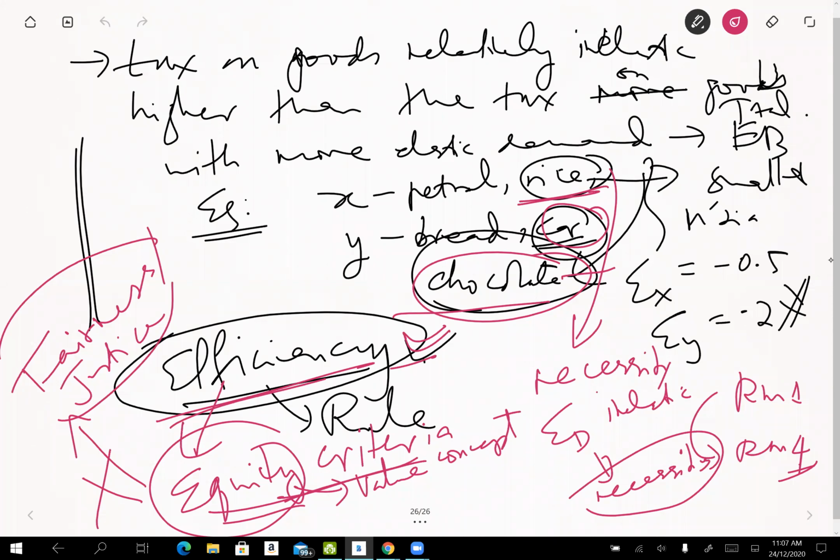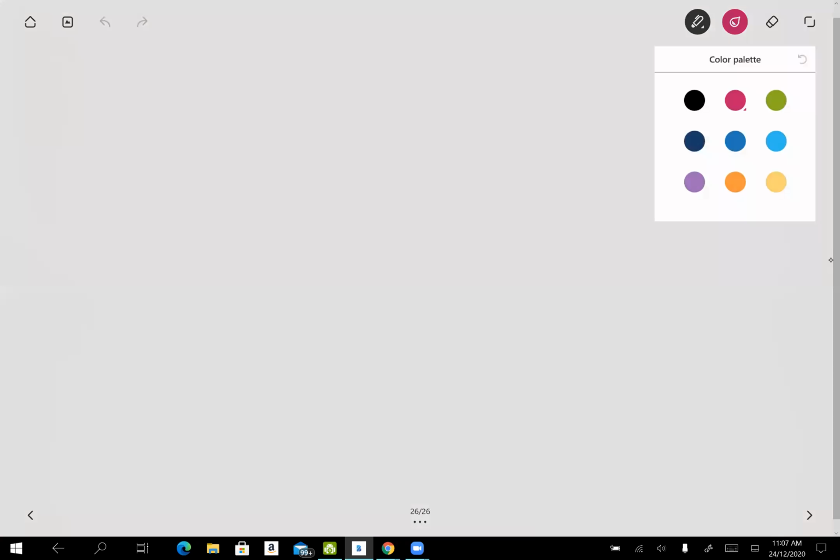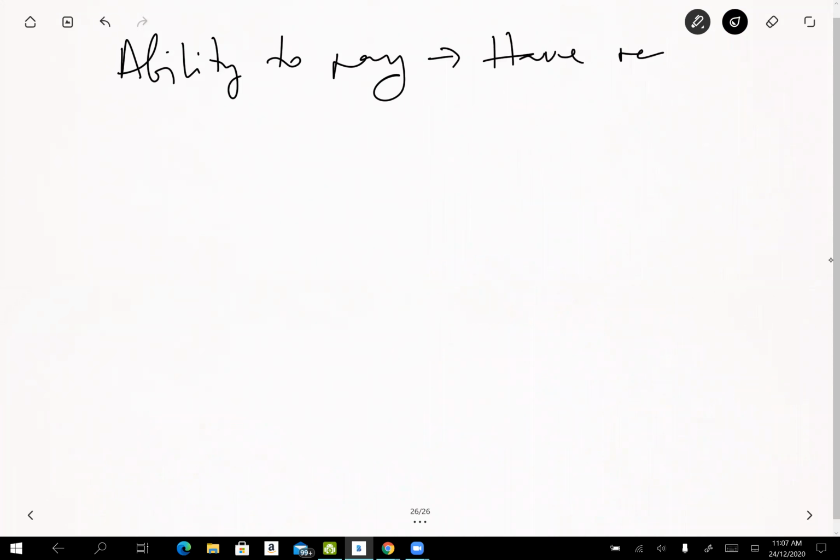There are two principles that we normally look at when you do the tax. One is the ability to pay. Ability to pay means you have the resources to pay the tax.